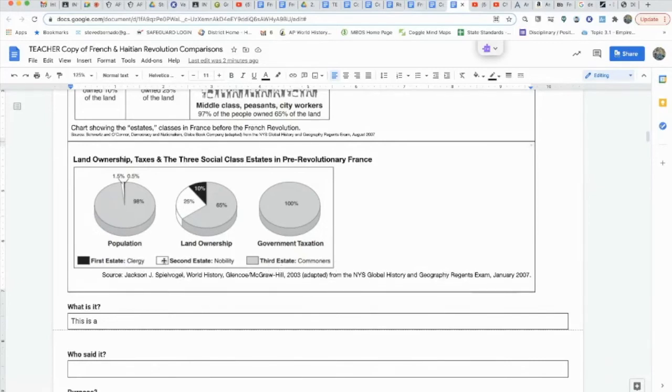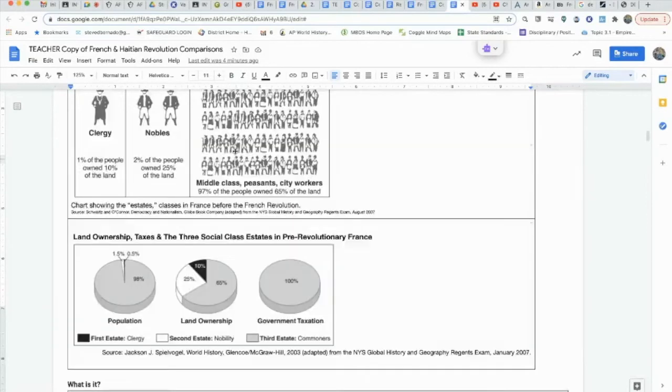So the white is the rich, the black is the church, and the gray is the poor. Look on the left where it says population. 98% are poor. Then 1.5% are the church and 0.5% are the rich. So out of the population, look at this, the land ownership. That's the same pie chart. They turned the grid up here into a pie chart.